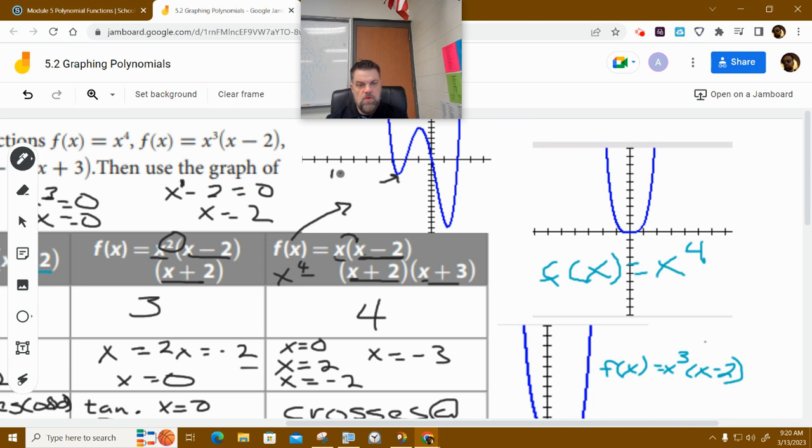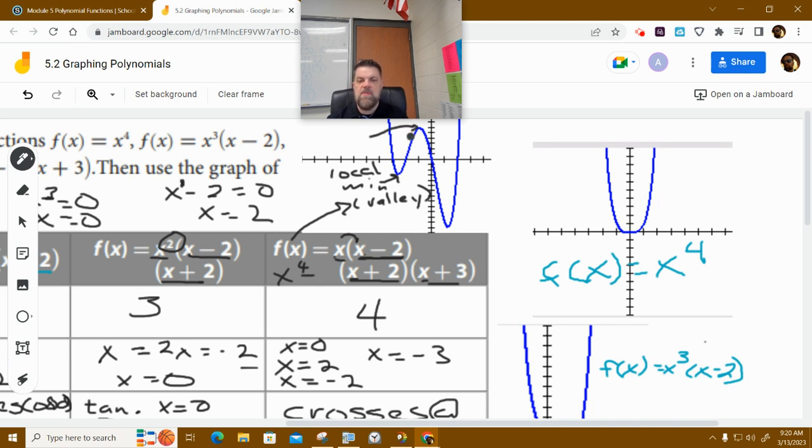This is a local min. Now a min is like a valley. So think of that as a valley. It's not the lowest one, right? But it is definitely where there's a turning point. It's a valley.